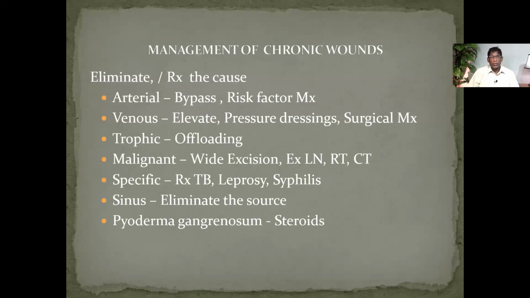If it is arterial, you may need to do a bypass and risk factor management, like stopping smoking. Venous: elevate the limb, pressure dressings, and surgical management like saphenofemoral ligation plus stripping or foam treatment, and now laser treatment is also available. Trophic ulcers, you need to offload to get the wound healed.